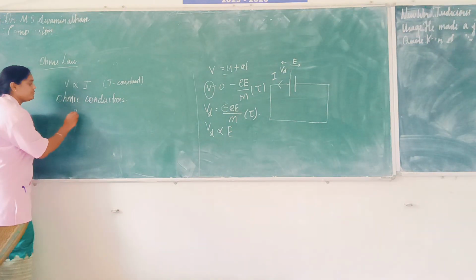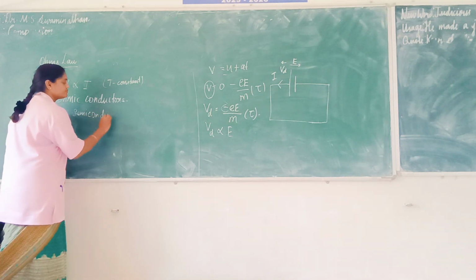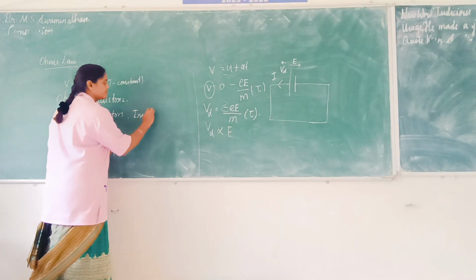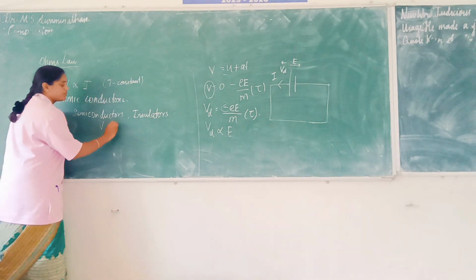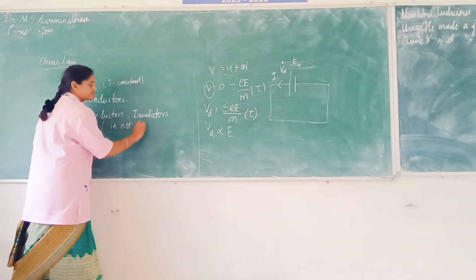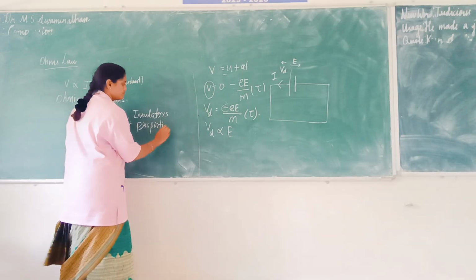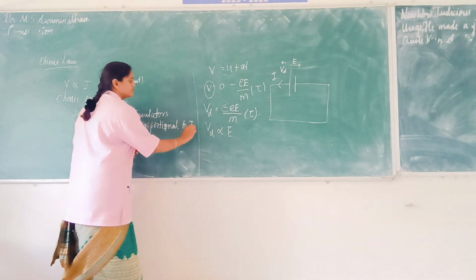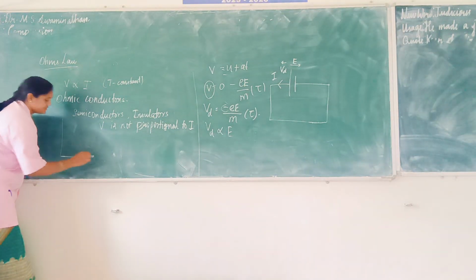Okay, for semiconductors and insulators, V is not proportional to I. So in the graph itself you have studied, isn't it?